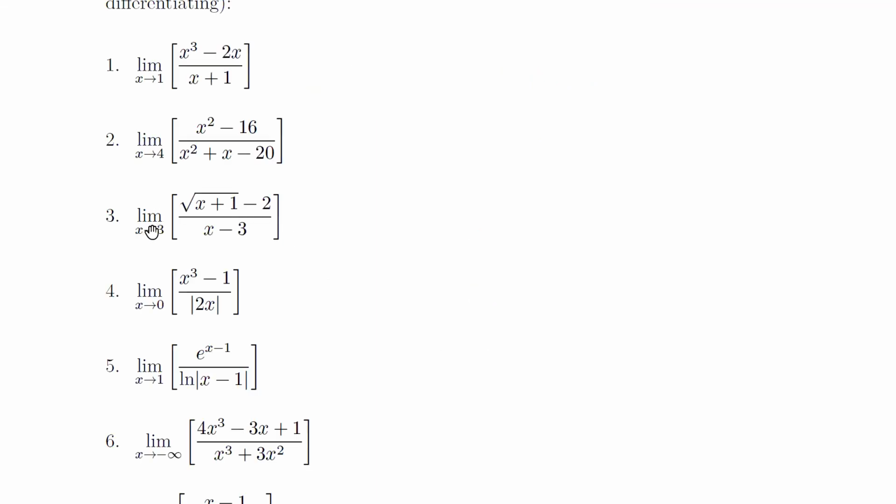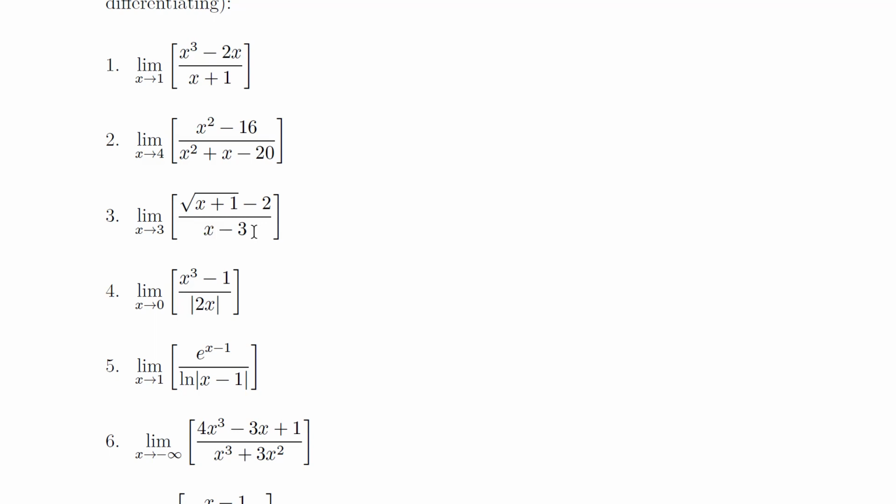Question 3. So here we have a square root. So we have x square root of x plus 1 minus 2 over x minus 3 as x approaches 3. Now in this case, again, as x approaches 3, we see both the numerator and the denominator would approach 0.